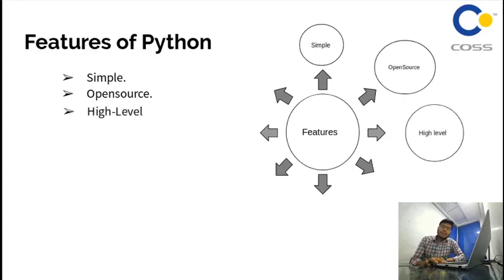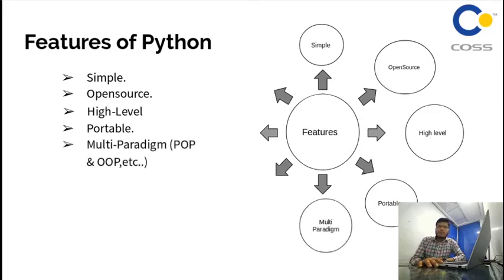Next, Python is a high level language, and Python is portable, which means if I create a program on one machine and take the program and execute it on another machine, it will behave in the same way. Python is also multiple paradigm. It supports object-oriented programming, procedure-oriented programming, and it also supports functional, structural, and other paradigms. Guys, paradigm is nothing but the style of programming.